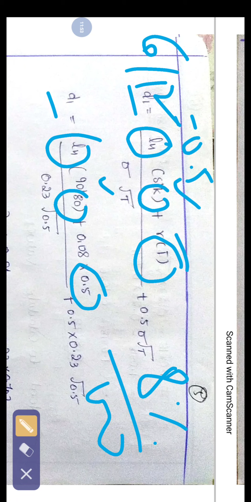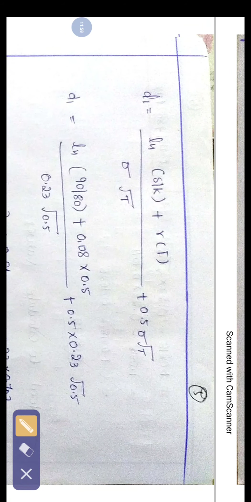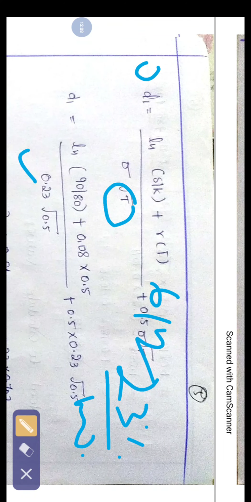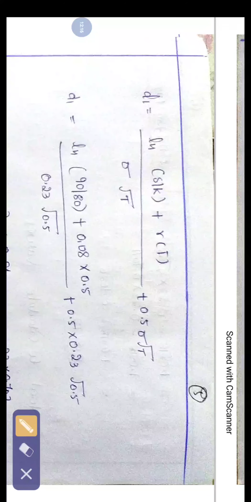Next, take the standard deviation, they have mentioned 23% divided by 100, that is 0.23. Time duration 6 by 12, that is 0.5. So square root of 0.5, plus, take same as it is, 0.5 into standard deviation 0.23 into square root of 0.5.